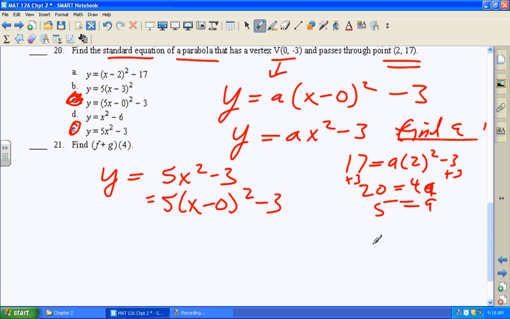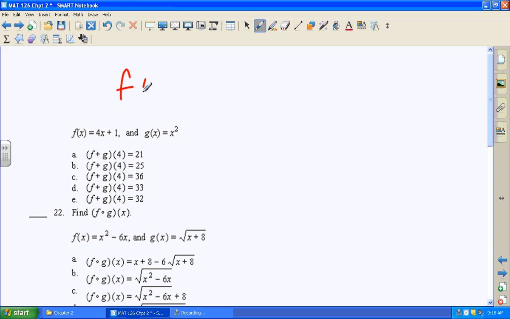All right, 21. I'll rewrite the question on the other side. (f plus g) of 4. I said we didn't need a whole lot of rules for this. You should just be able to read it and understand it. So you remember what this means. You put 4 in the equation of f. 16 plus 1 is 17.